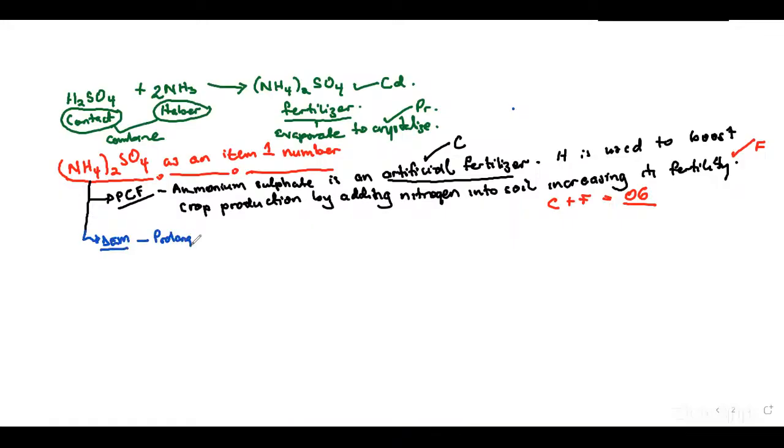Prolonged use of ammonium sulfate causes poor crop yields. This fertilizer is acidic in nature, so it will cause poor crop yields.